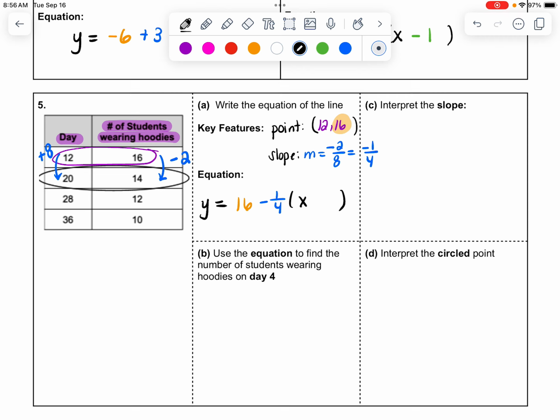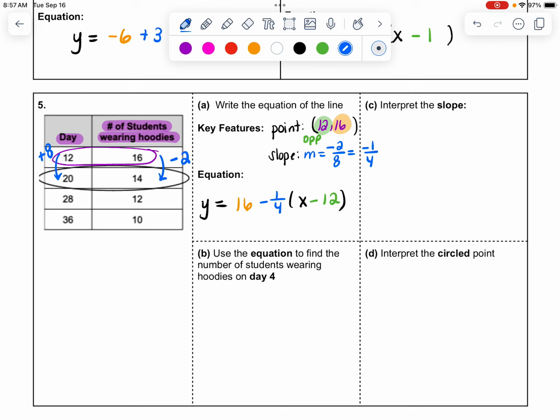parentheses x, and then the x number, which is 12, but that number needs to be the opposite. So instead of writing plus 12, I'm going to write minus 12. And that's my equation. To interpret the slope means to use the words from the table.